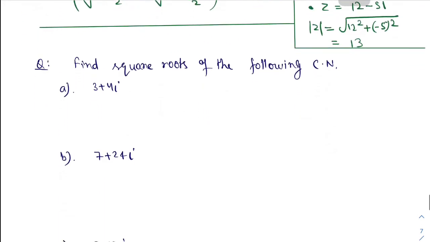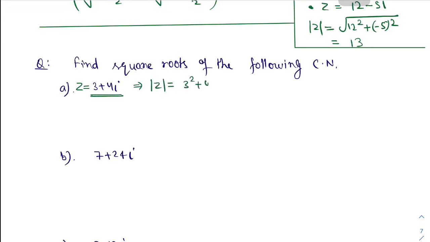let us understand it by an example. Let us consider this complex number 3 plus 4 iota. First tell me what is the modulus of z. It will be root of 3 square plus 4 square, which will give us 5. So mod of z is 5. What is the real part? That is a, it is 3. And what is the imaginary part? It is 4, which is clearly positive, greater than 0. Then we will apply the positive sign before the bracket.